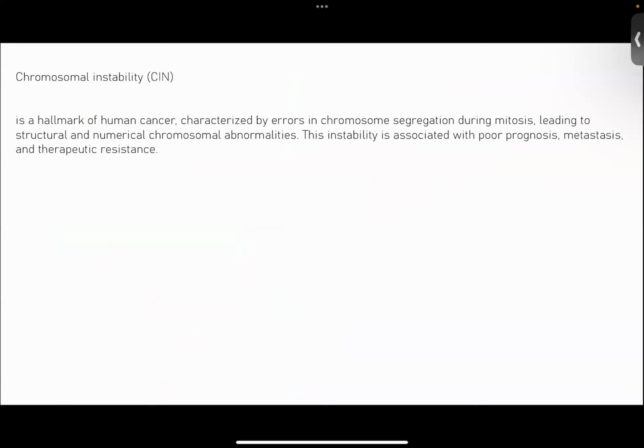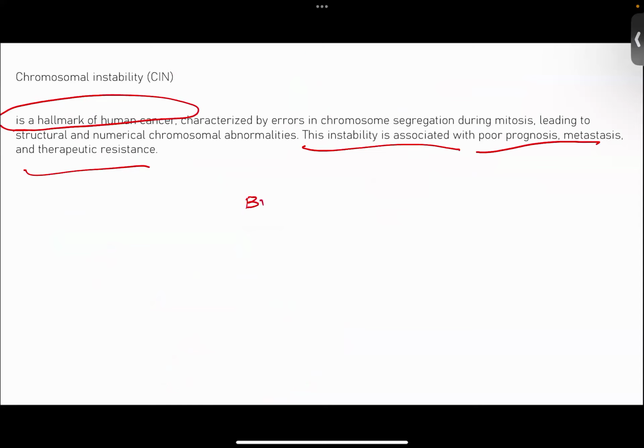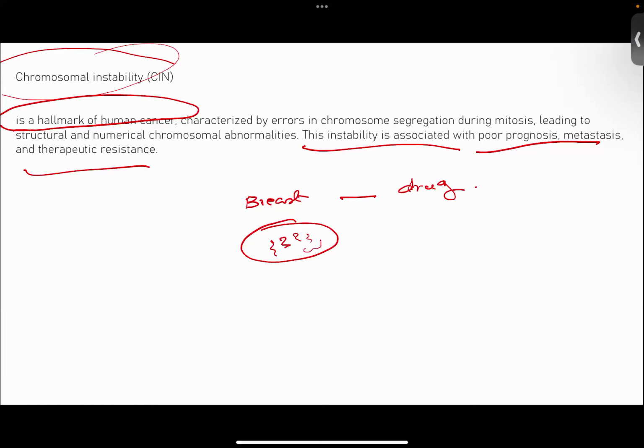So another factor is chromosomal instability. This is also one of the hallmarks. This instability is associated with poor prognosis, metastasis, and therapeutic resistance. What does therapeutic resistance mean? Usually, take breast cancer. They develop a drug, but cancer is very smart. There is some property of cancer called chromosomal instability, so each time they sometimes start changing. Either there will be a chromosomal abnormality, or another kind of mutation happens.